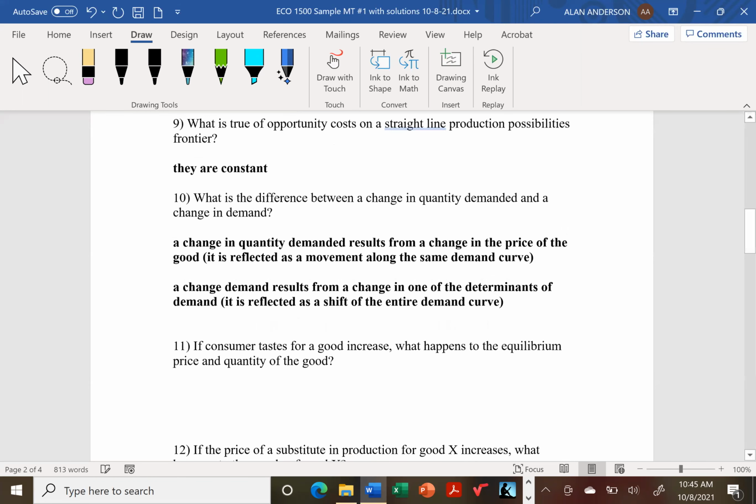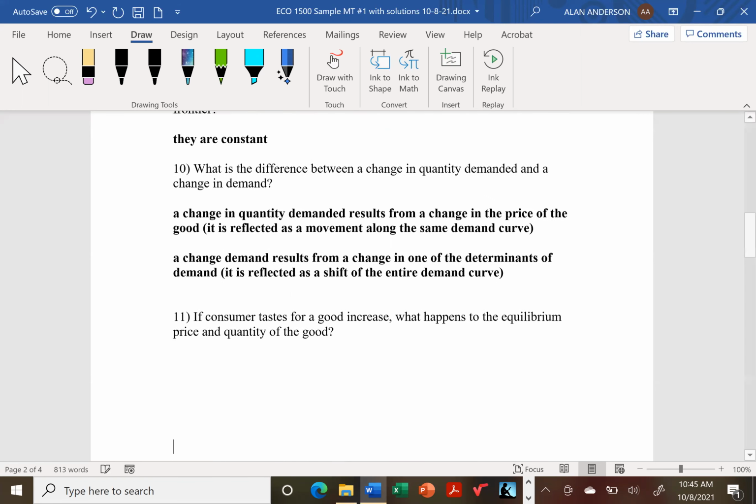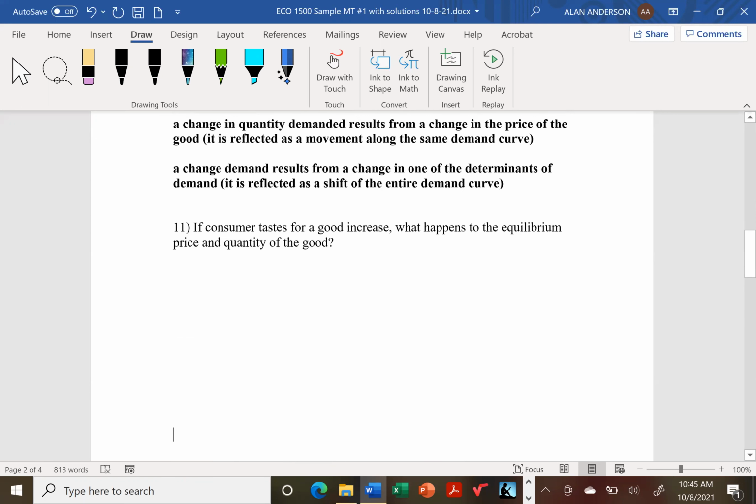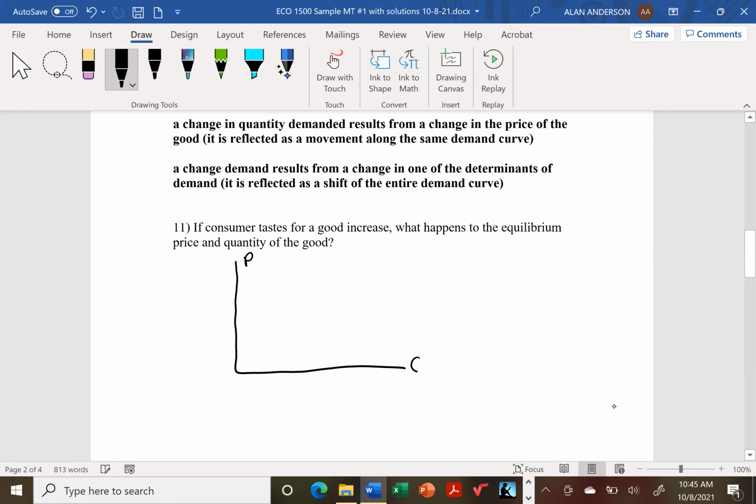All right, now, if consumer taste for a good increases, what happens to the equilibrium price and quantity? Now, for this one, you don't have to draw a picture, but you might want to think about it because it might make it easier to remember, because what's happening here is that tastes are going up. And so let's call this D1 because we're about to change it.